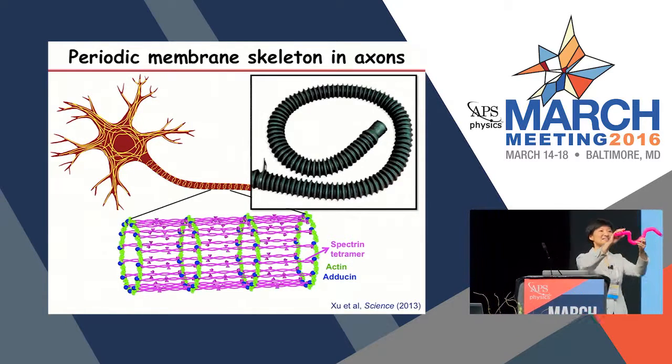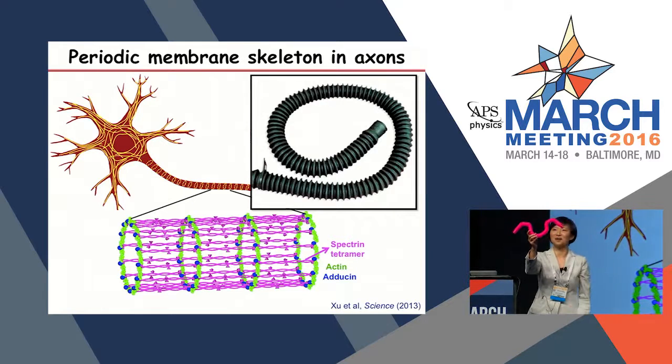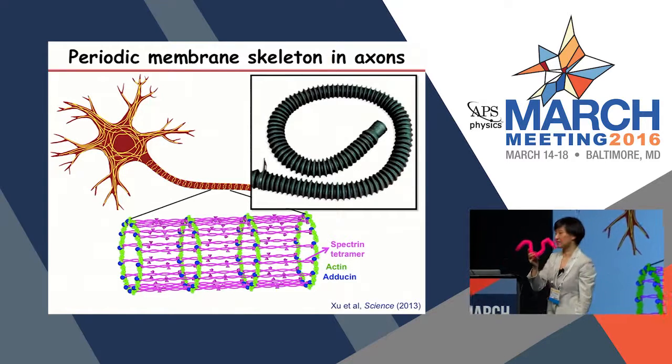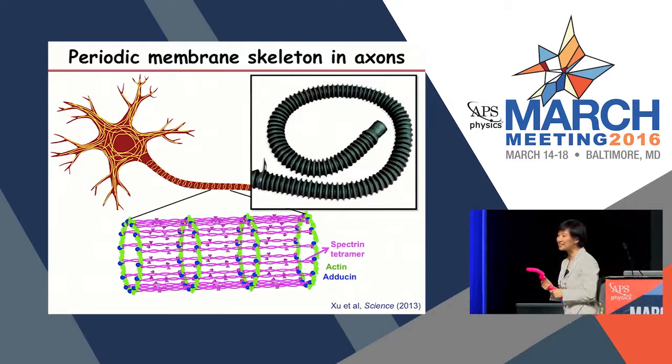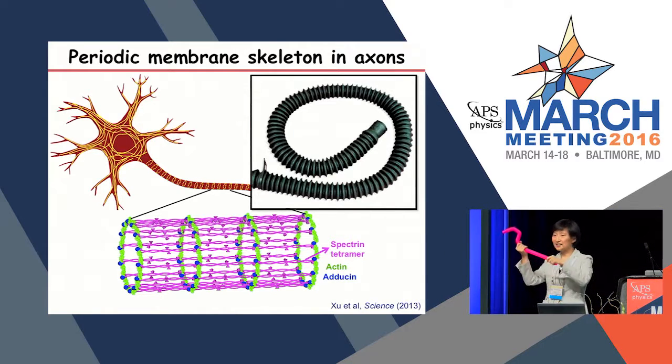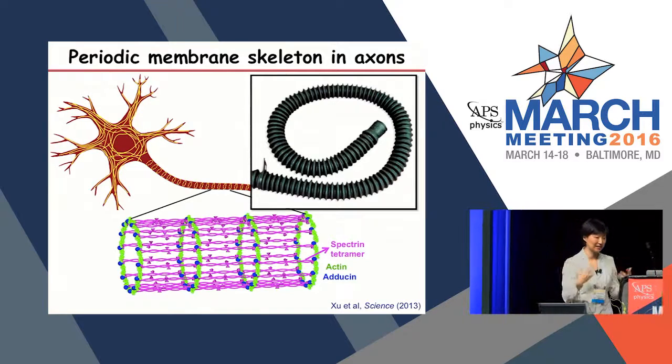So you can see that if you have flexible things linking rigid rings, what you can come up with is a very elastic support of this tubular structure. For something as long and skinny as an axon, this kind of flexible support is exactly what it needs as a mechanical support.